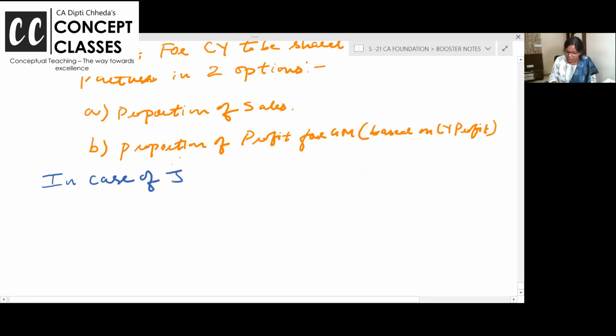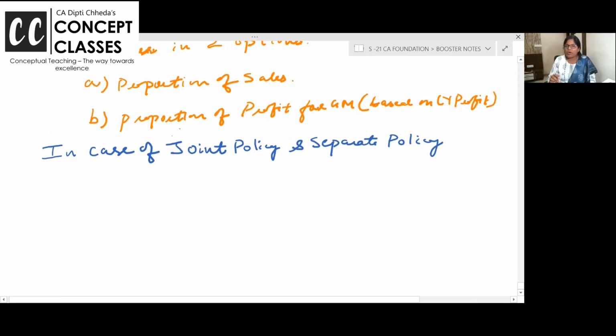In case of joint policy and separate policy, suppose both policies are there, a joint policy and also a separate policy, then what will you do? In case of joint policy and separate policy, what will you do?